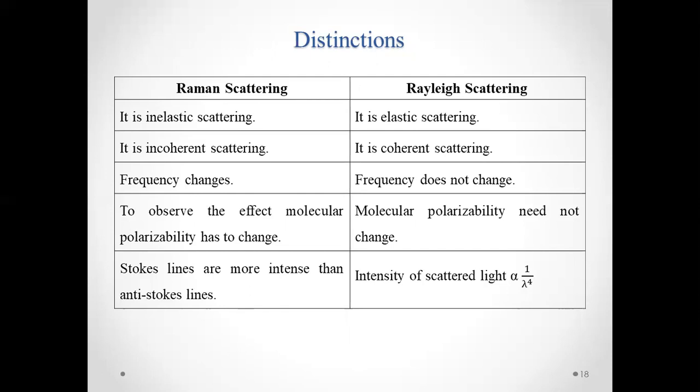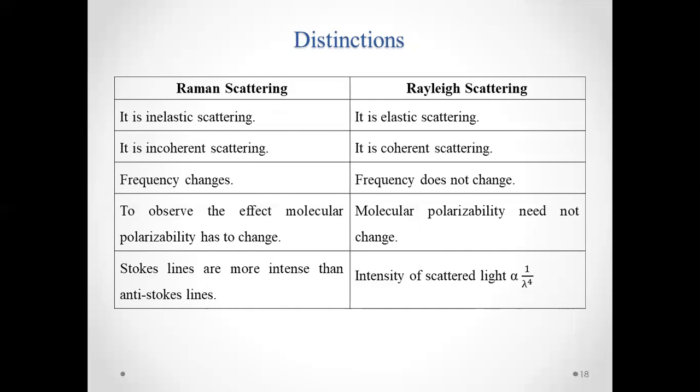Raman scattering is incoherent scattering, and Rayleigh scattering is coherent scattering. That is, the frequency remains unaltered in case of Rayleigh scattering. In case of Raman scattering, the frequency changes, and in Rayleigh scattering, frequency does not change.